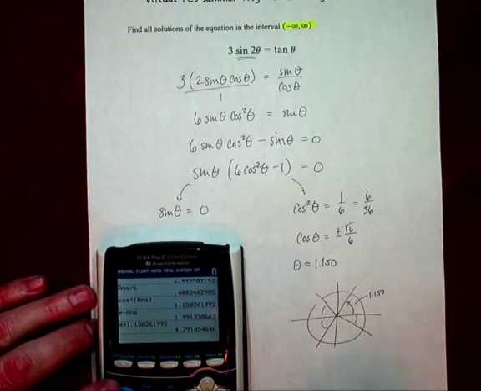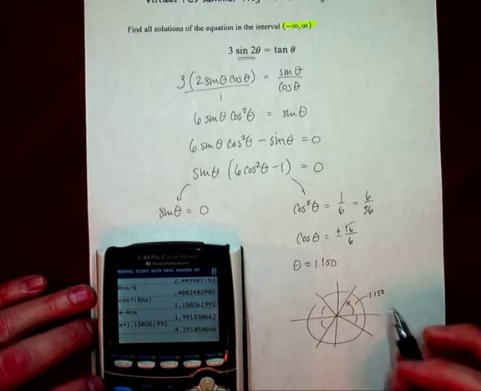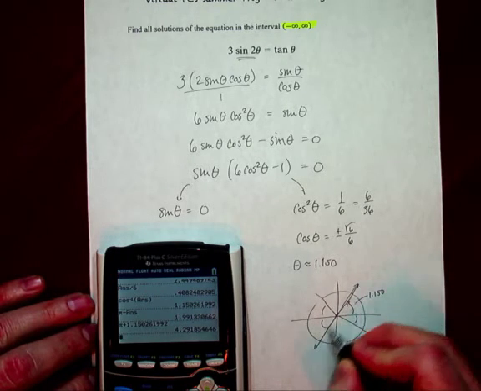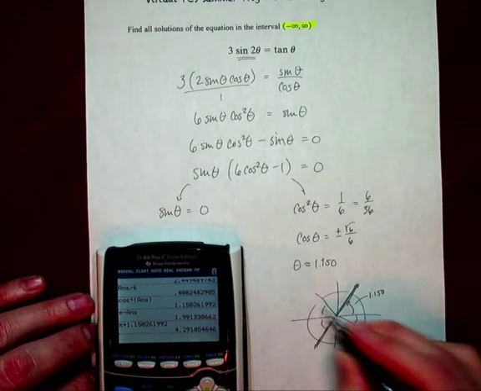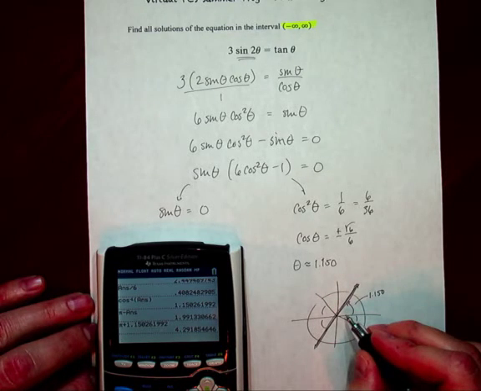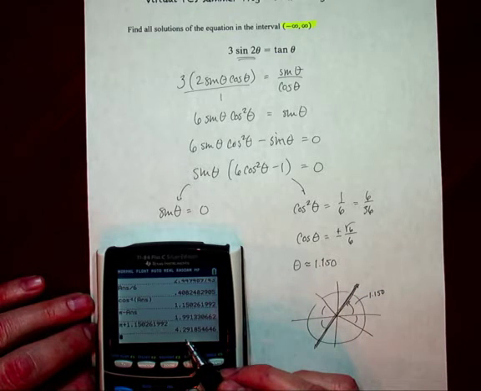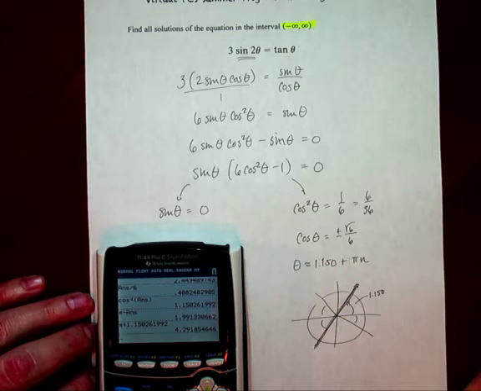And then you have one that's 1.150 shy of 2 pi. But the great thing is that this one, and the ones that are along here, are exactly opposite each other on the unit circle. So you don't have to deal with the 4.291. You can just call this plus pi n, and you're golden.